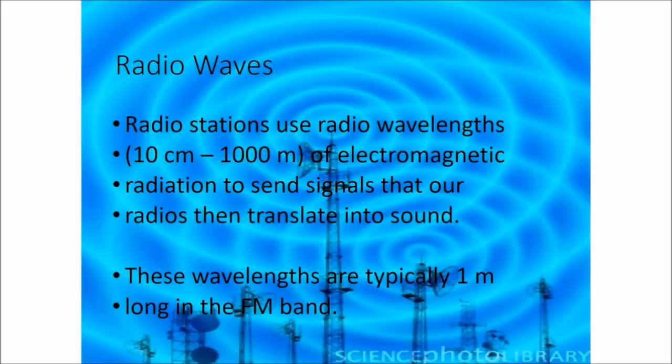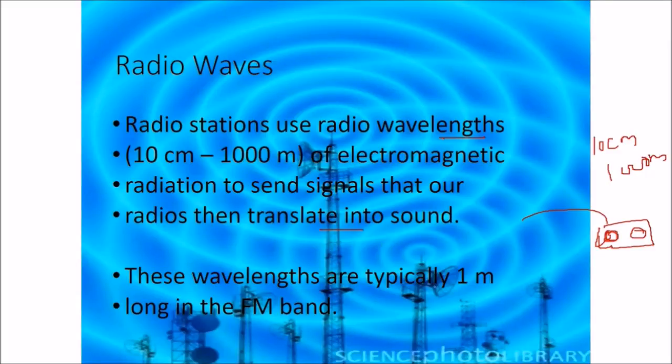A radio station can use radio wavelengths, say from 10 centimeter to 100 meter, that is 1 kilometer, of electromagnetic radiation to send signals that our radios translate into sound. The radio receives the signal and it forces your speaker to vibrate.